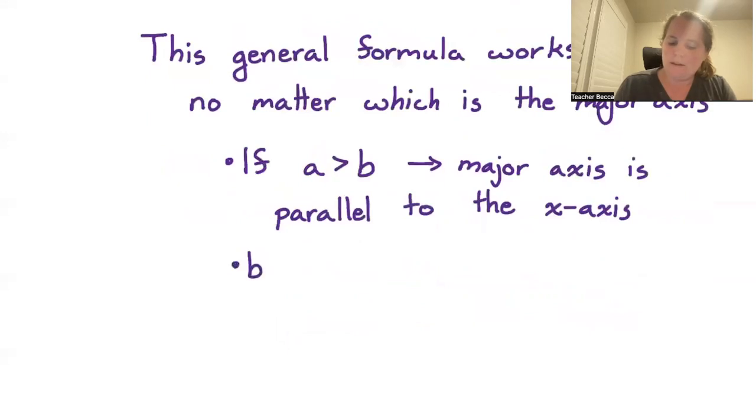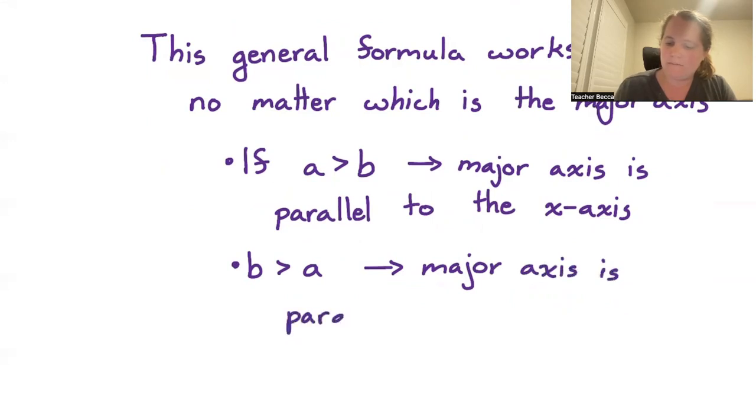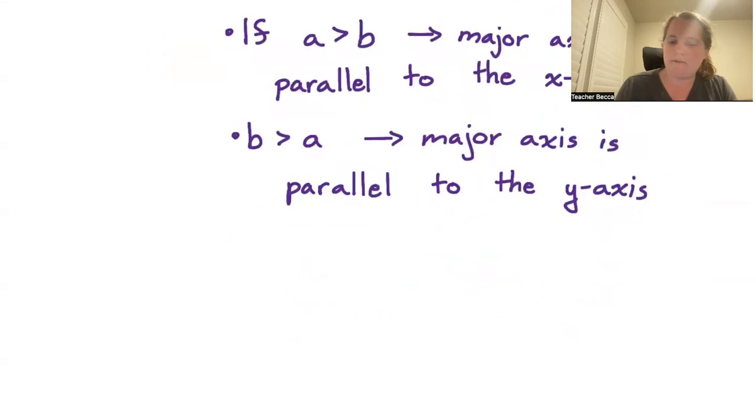If b is greater than a, then the major axis is parallel to the y-axis. Just a side note, if a equals b, then we have a circle.